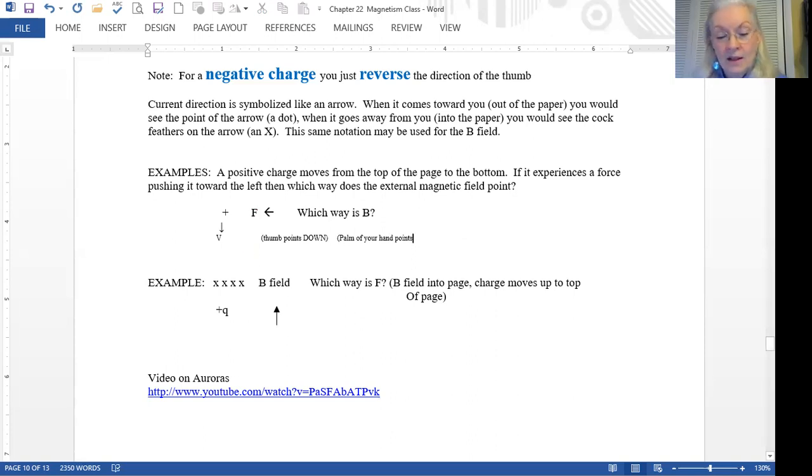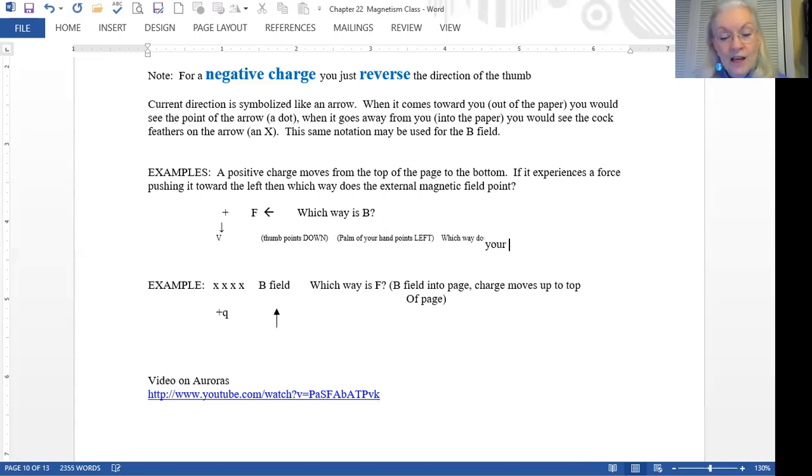It points left. Which way do your fingers point?